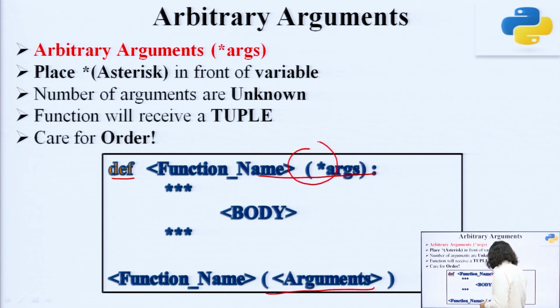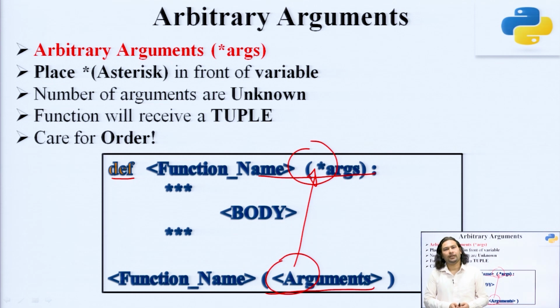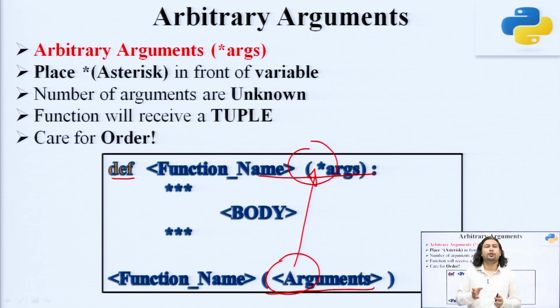The very first parameter will catch the first argument, the same way the second will catch the second, third will catch the third. That is referred to as the positional argument. That means, on the basis of position, if your position is second, you will fetch the thing at the second position.